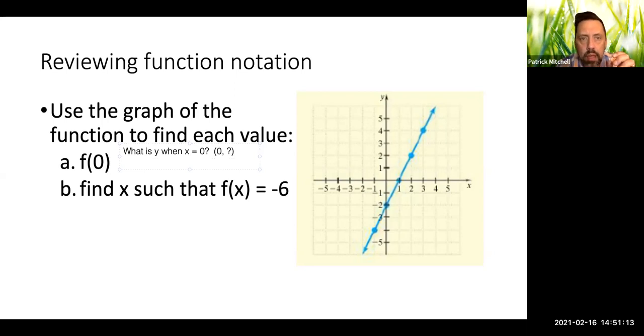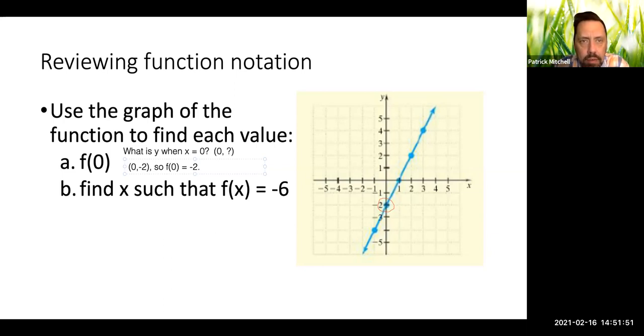So I think you can see that the point where x is 0 is this point right here. And that is the point 0, comma, negative 2. So that tells us that f of 0 is equal to negative 2. And it's just that easy.